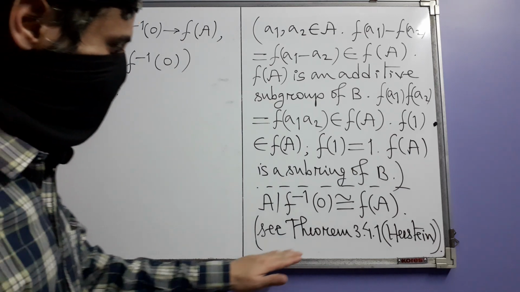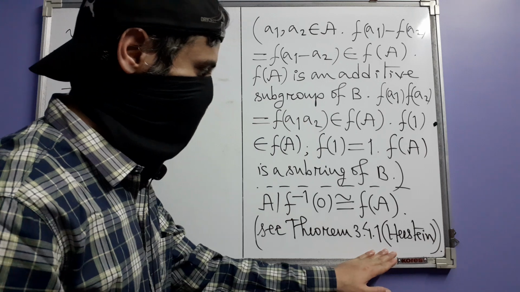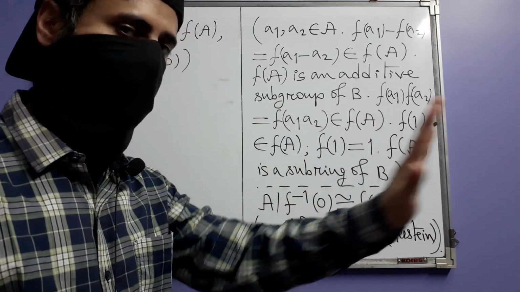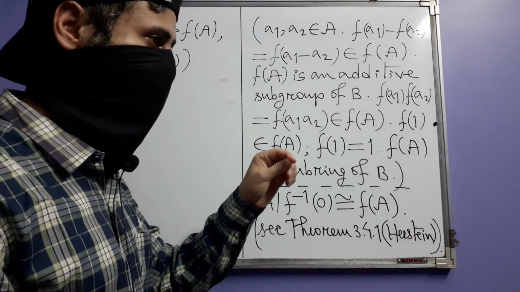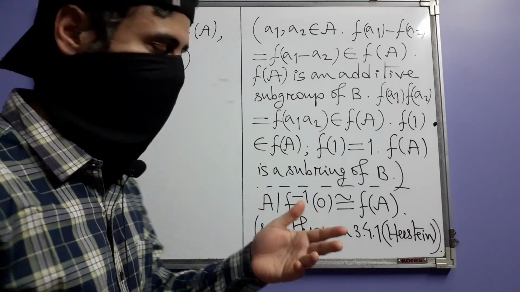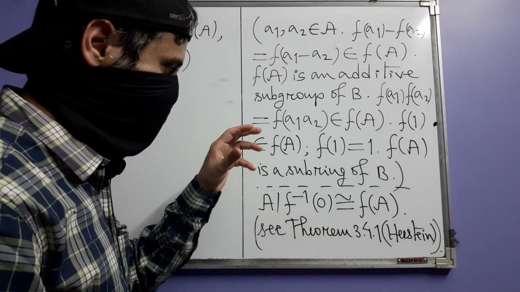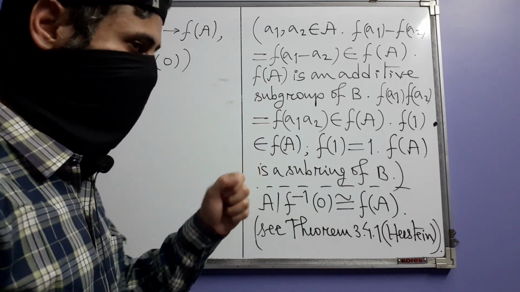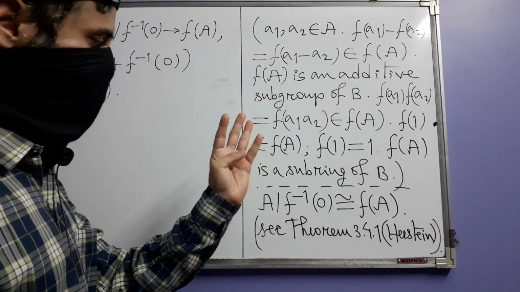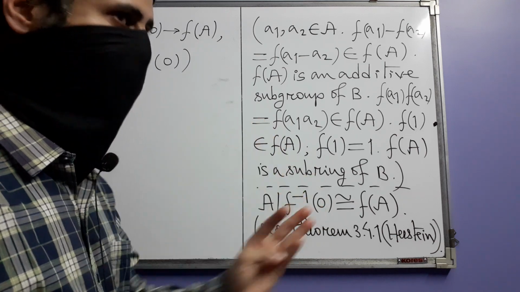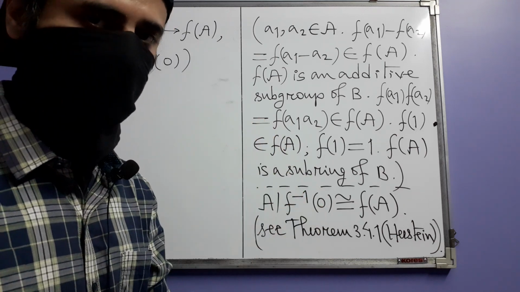So in proving Theorem 3.4.1, we went through the details of showing that this is an isomorphism, in fact an onto isomorphism, or if I want to really be absolutely rigorous about what I am saying, this mapping is a bijective ring homomorphism in Herstein's sense.